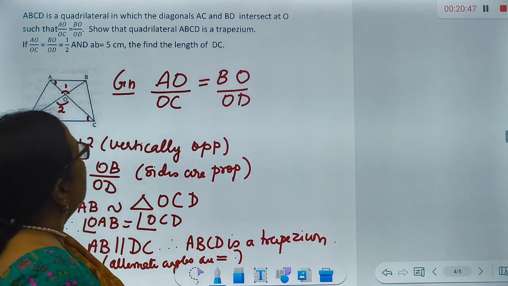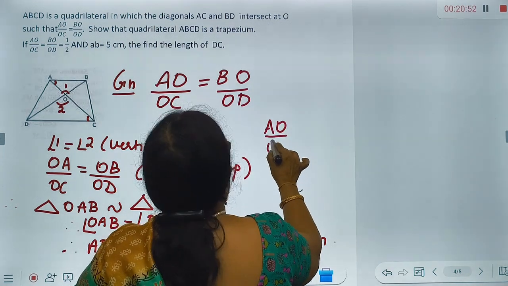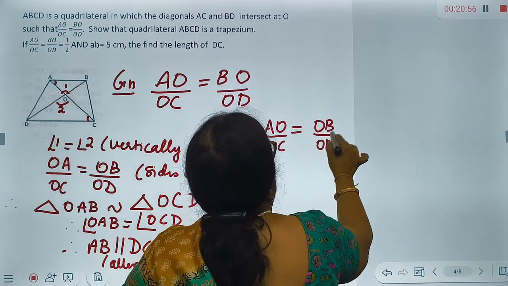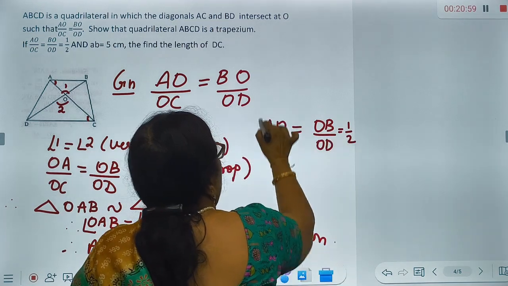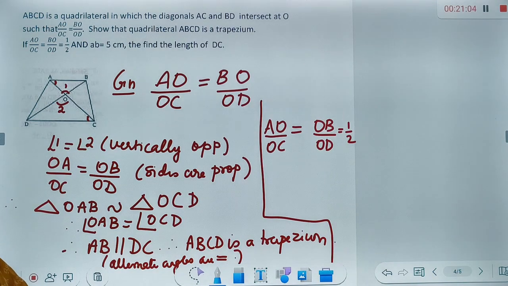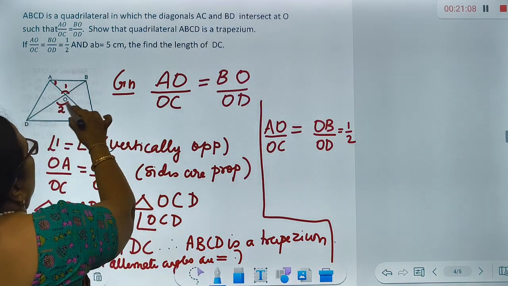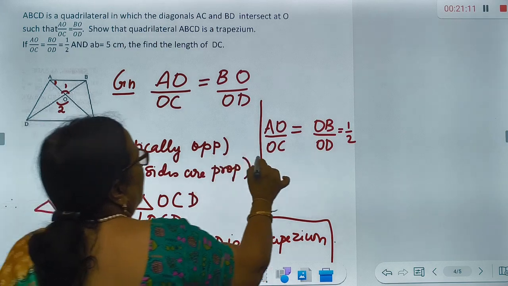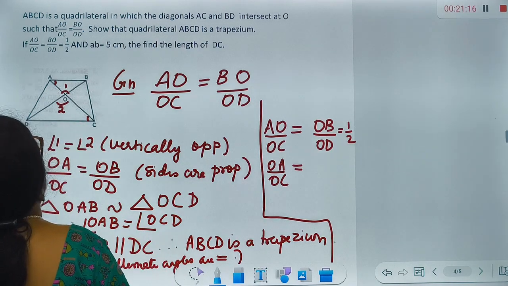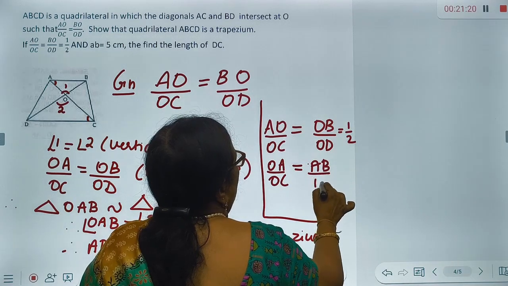And then what else is given? They have also given AO by OC is equal to OB by OD equal to half. OA by OC is also equal to AB by DC. Why?